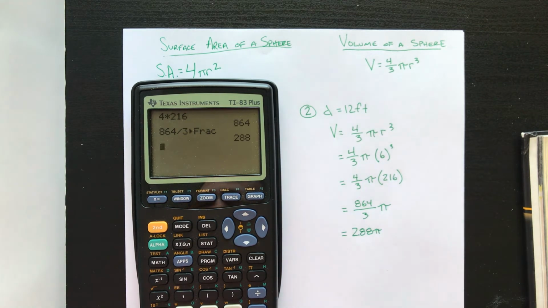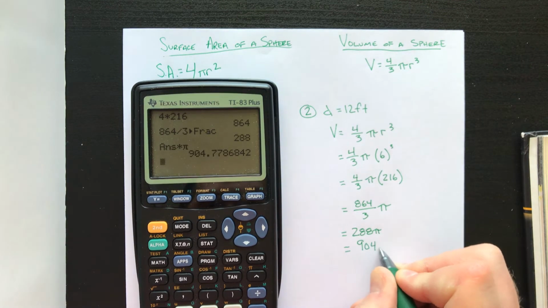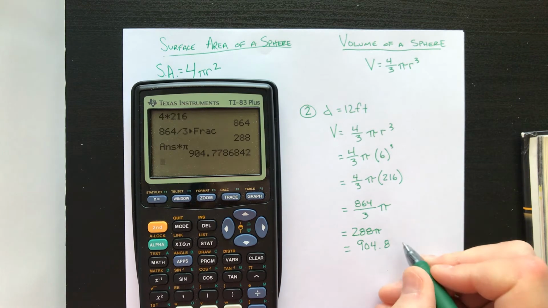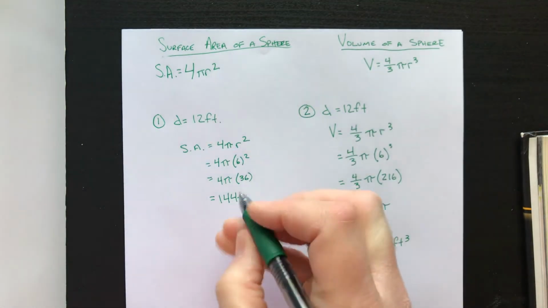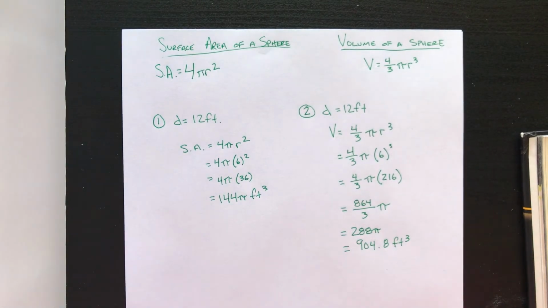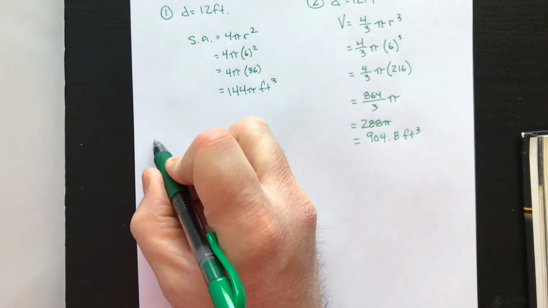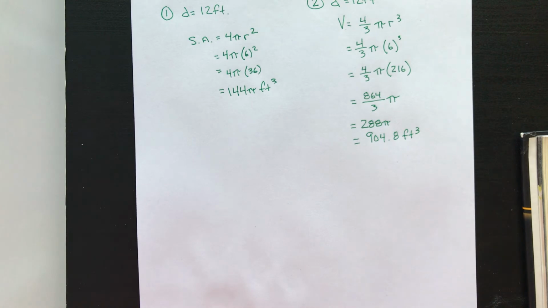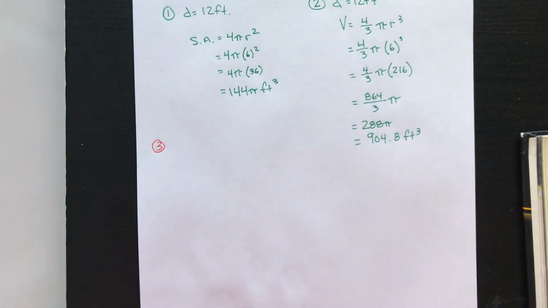And they want us to round to the nearest tenth here, so I'm going to do 288 times pi, which is 904.8, and this would be feet cubed. Same thing over here, this would be feet cubed. Now, I do want to do number 3. Number 3 gets us into a little bit different way to solve these problems.